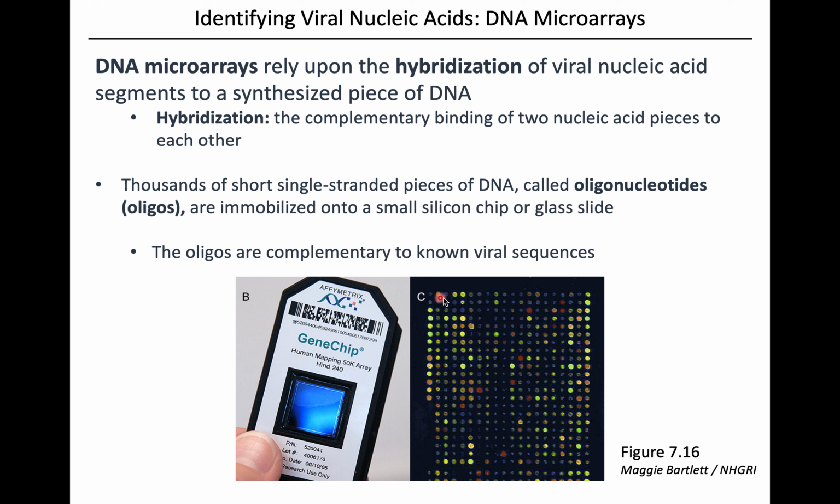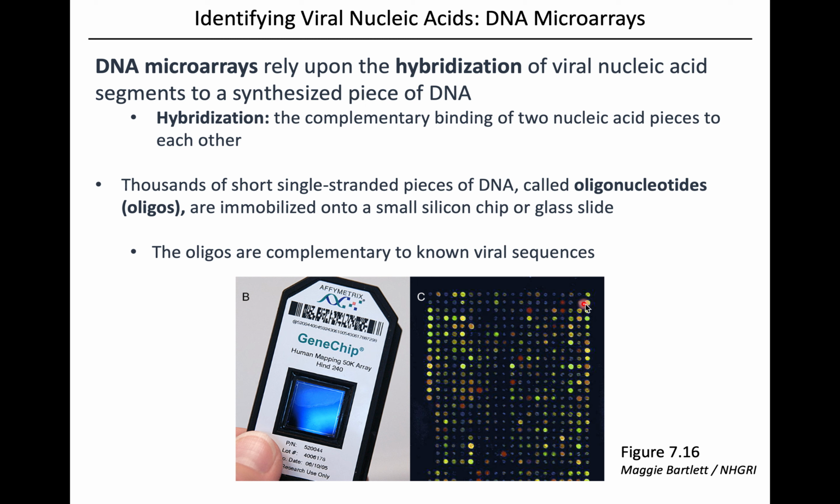Each one of these little spots would correspond to a different DNA sequence. These short DNA sequences are called oligonucleotides, or just oligos for short. And each one of those spots could be DNA from a different virus, for example.